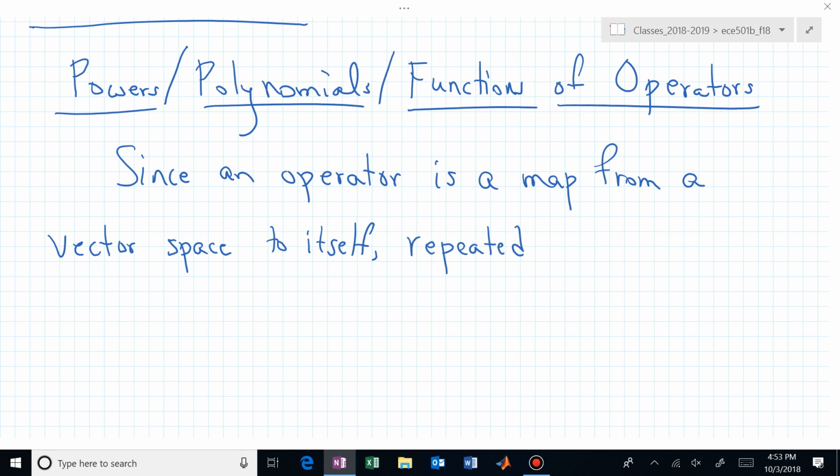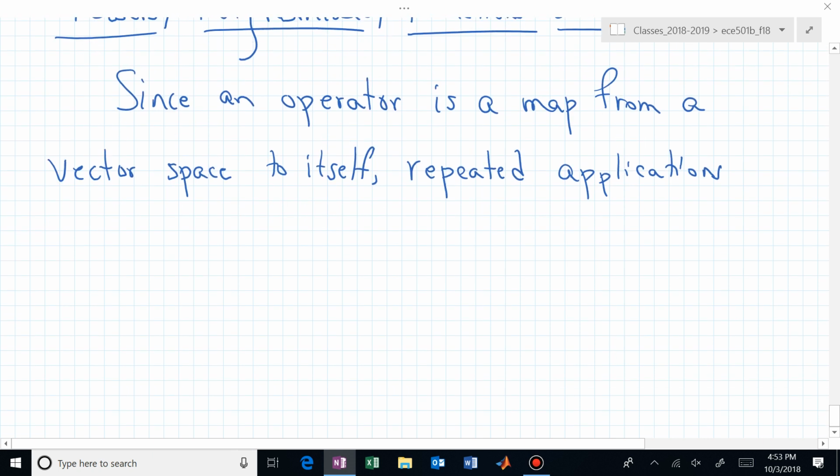So repeated applications of that operator are well defined. Meaning we could operate on Tv with another T. So we have T times Tv, we have T times T times Tv, etc. It makes sense because the output is the same dimensionally as the input.